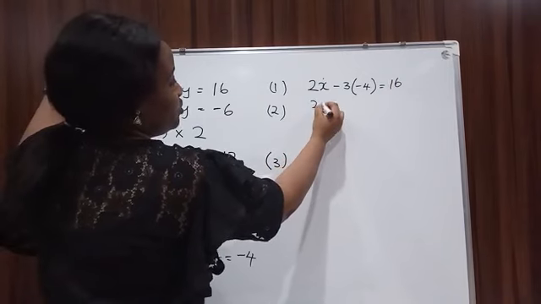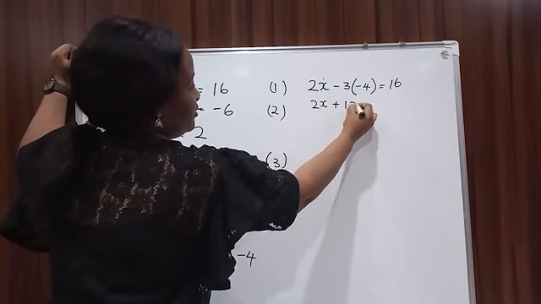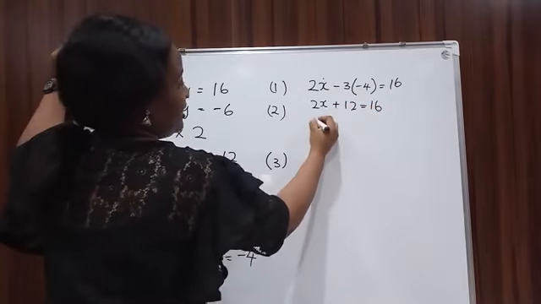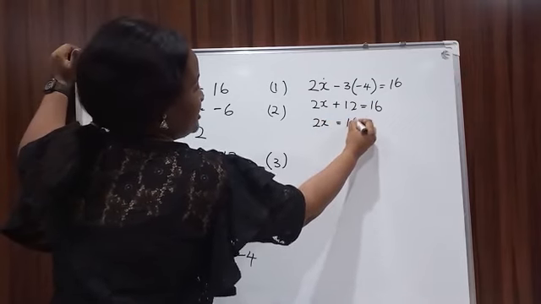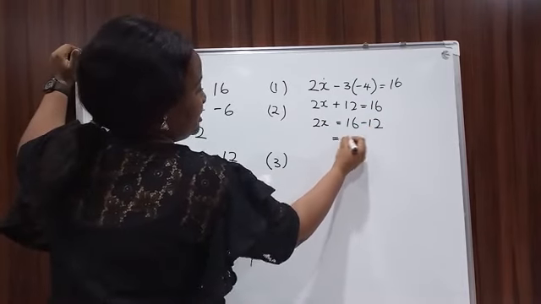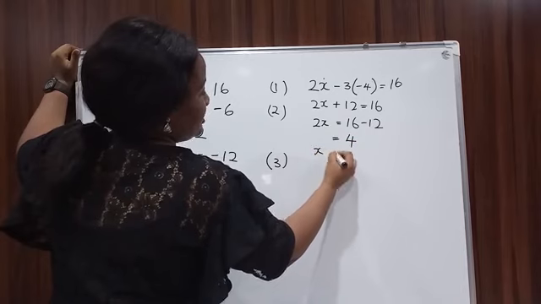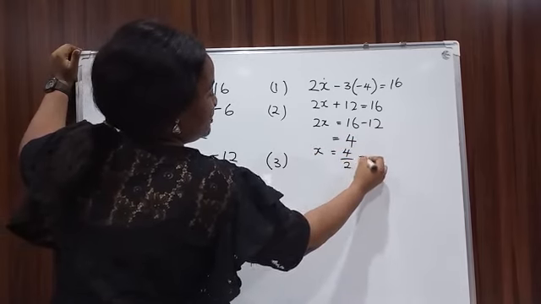You have 2x plus 12 equals 16. You have 2x equals 16 minus 12, which gives us 4. So you have x equals 4 over 2, which gives us 2.